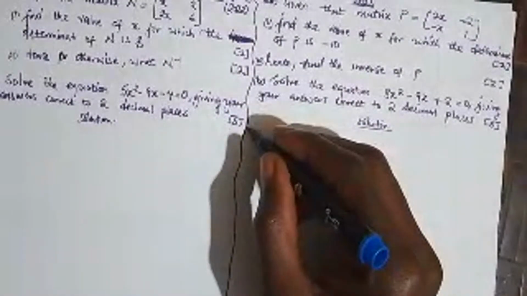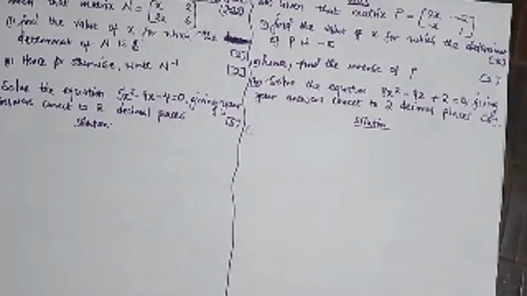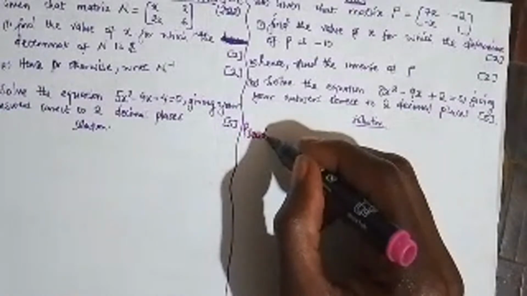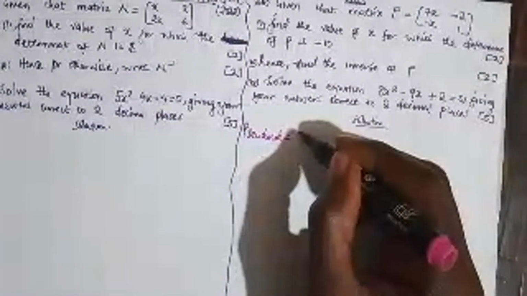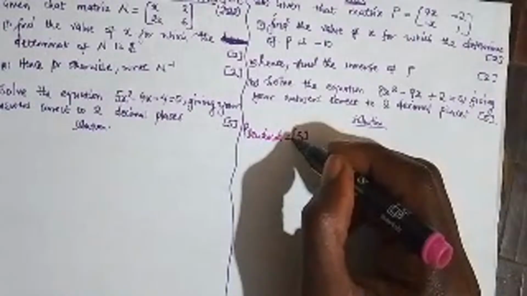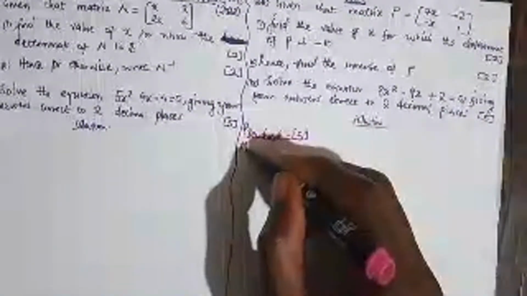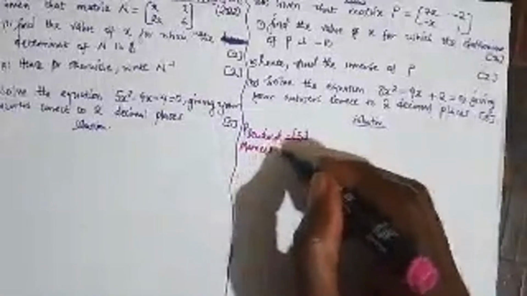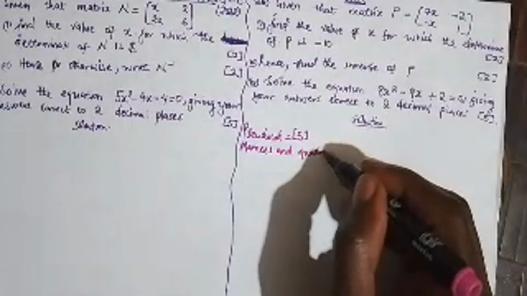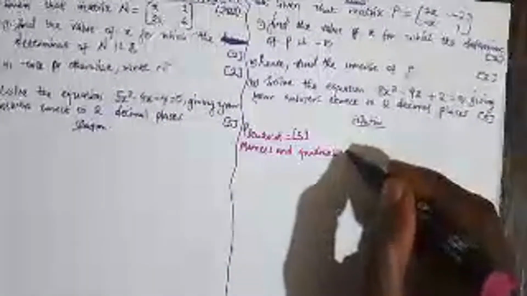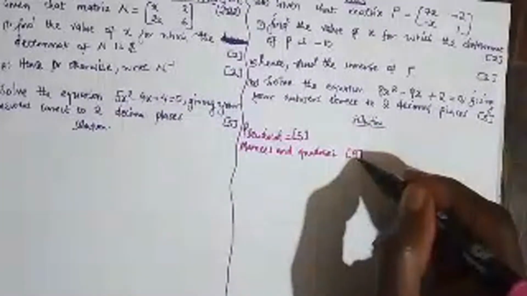So far we have covered the computer or pseudocode as you know it, which is 5 marks. Next, we are going to cover the matrices and quadratic, which carry 9 marks.